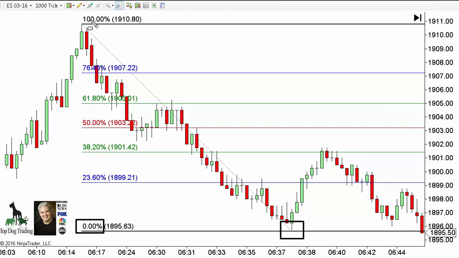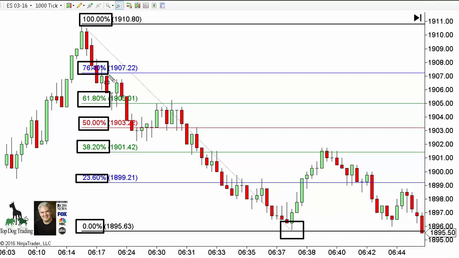If it goes all the way back to where we started, it retraces 100% of the move. So then we have these ones in between, 23.6, 38.2, 50, halfway, 61.8, and 76.4. So as you can see, now we're just going to be using this tool from this point on.